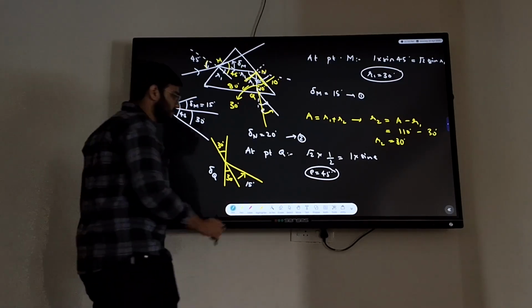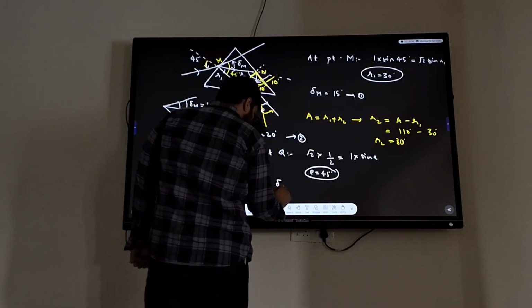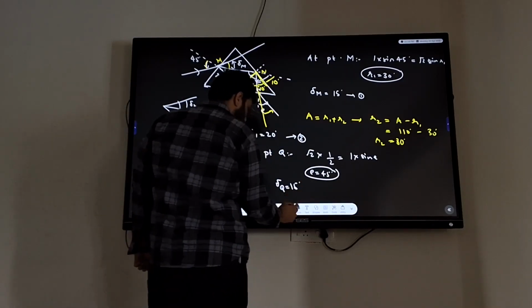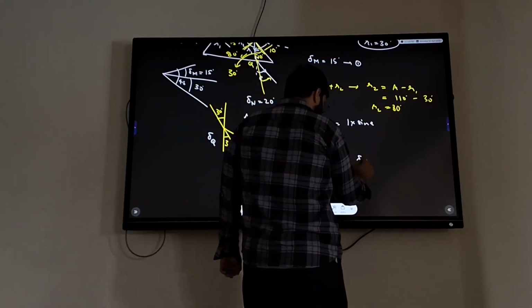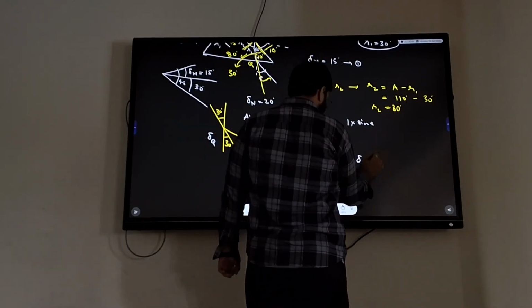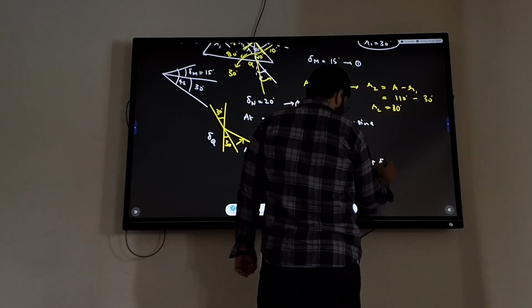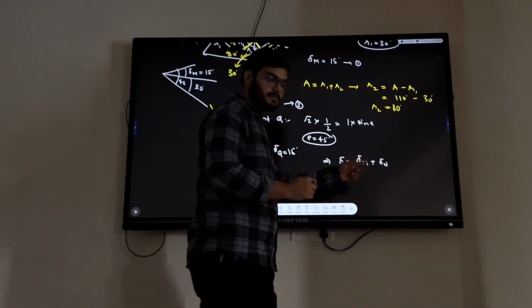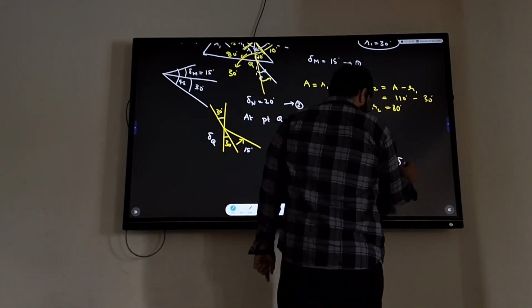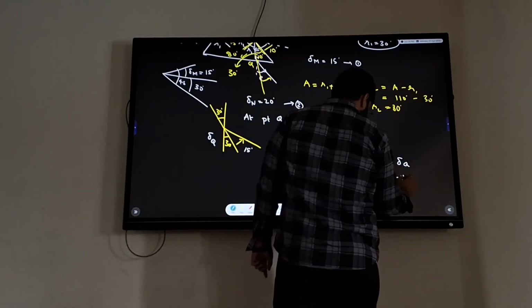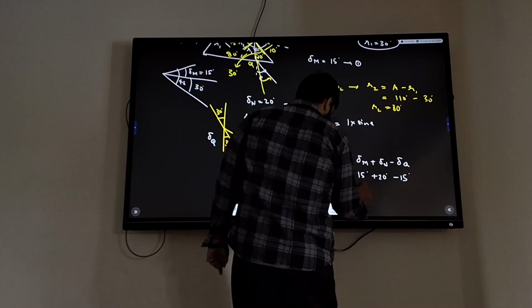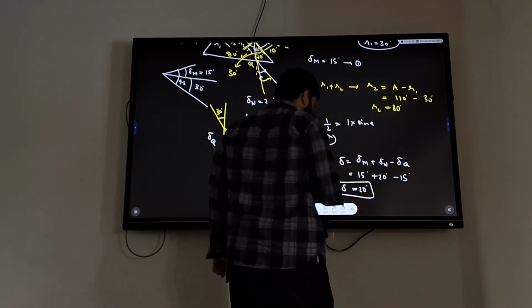Then what is delta Q? 15. Then what is the total deviation? Delta is equal to delta M plus delta N, and then what should I write? Minus delta Q. So 15 plus 20 minus 15, and then you will get 20 degrees as total deviation.